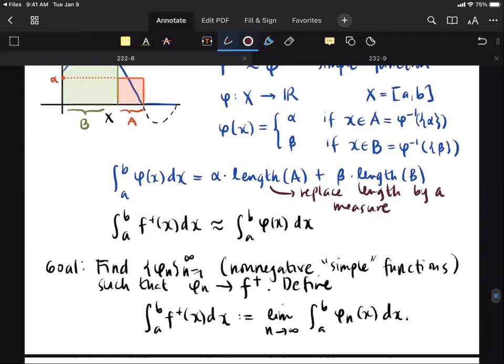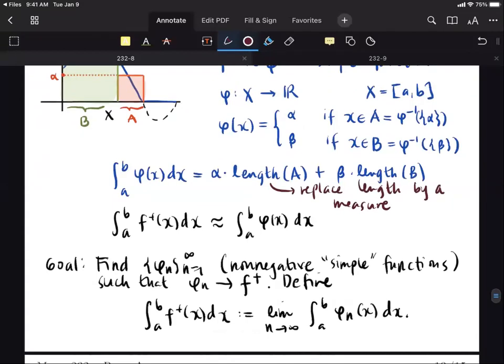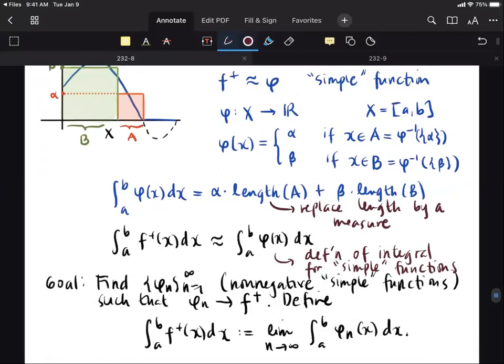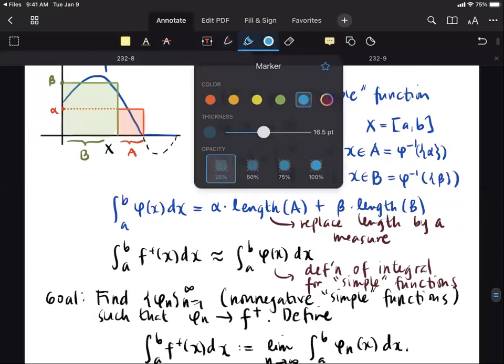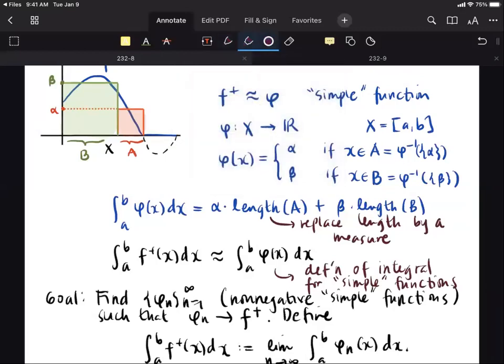And this requires the definition of the integral for simple functions. So replacing here the length by a measure.